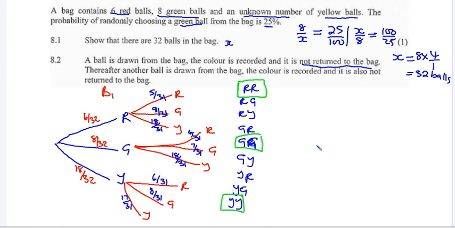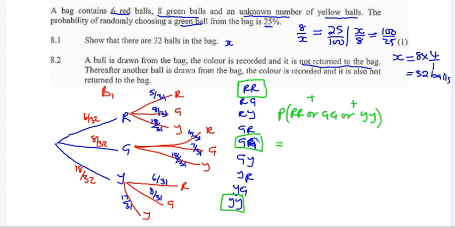So the probability that you get the same color will be the probability of getting red and red, or green and green, or yellow and yellow. And when we have or, remember it is addition, but when we have and, it's multiplication. So this is going to be equal to red and red.